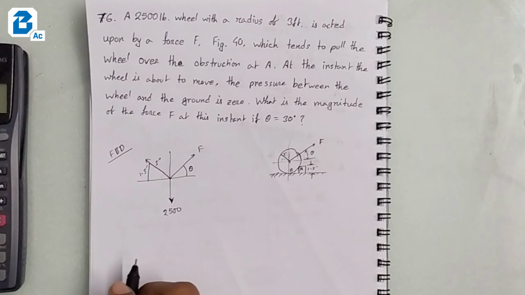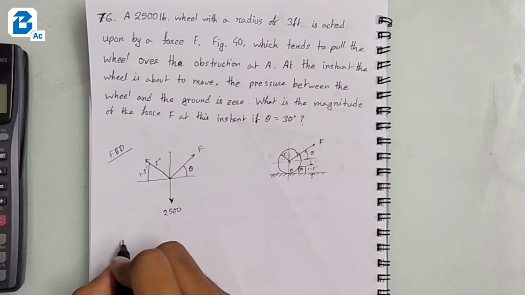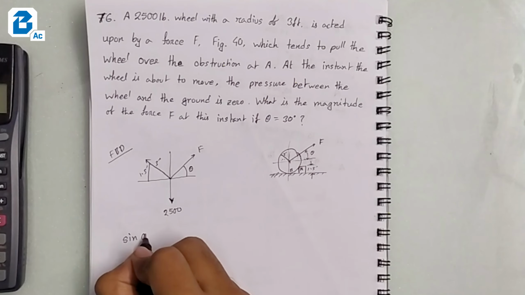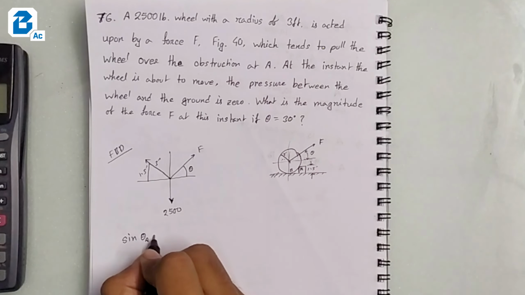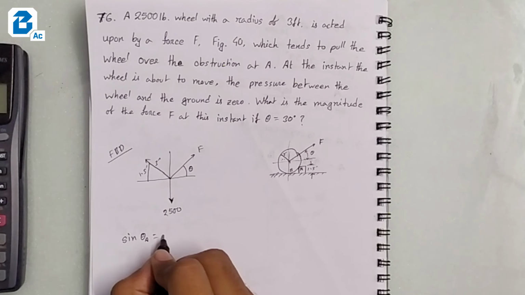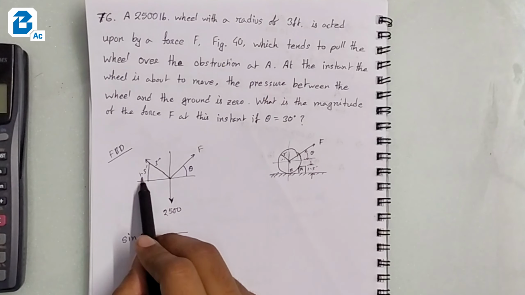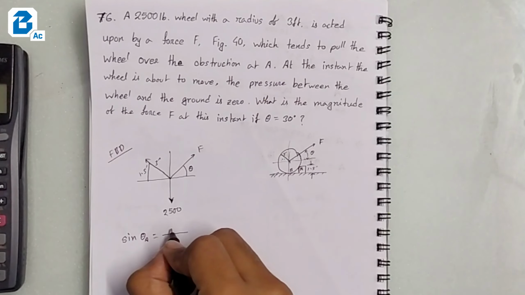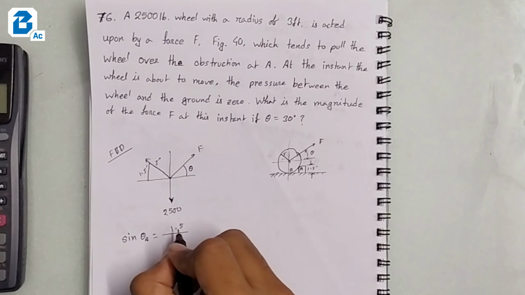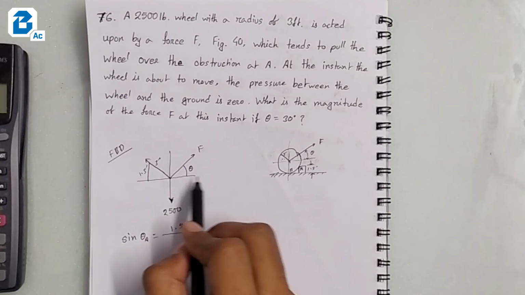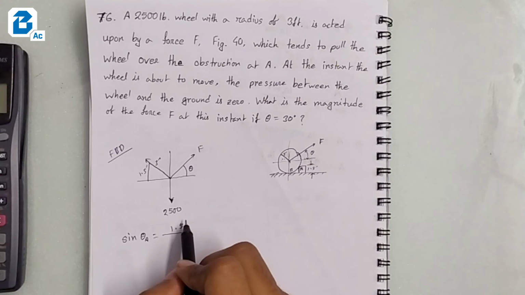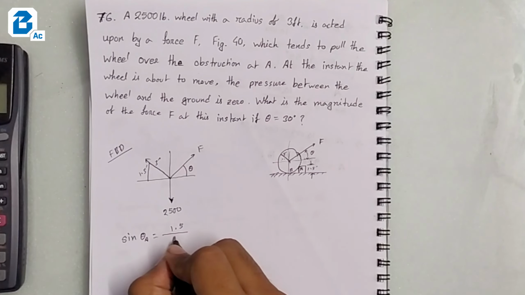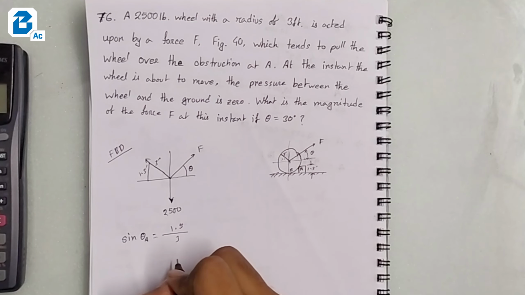So let's start. For that we will write sine theta for the A, so we can write it sine theta A equals our perpendicular distance here, or the height 1.5, and then our hypotenuse, which is the normal force or the reaction force of A. We can write it 3 feet under here.